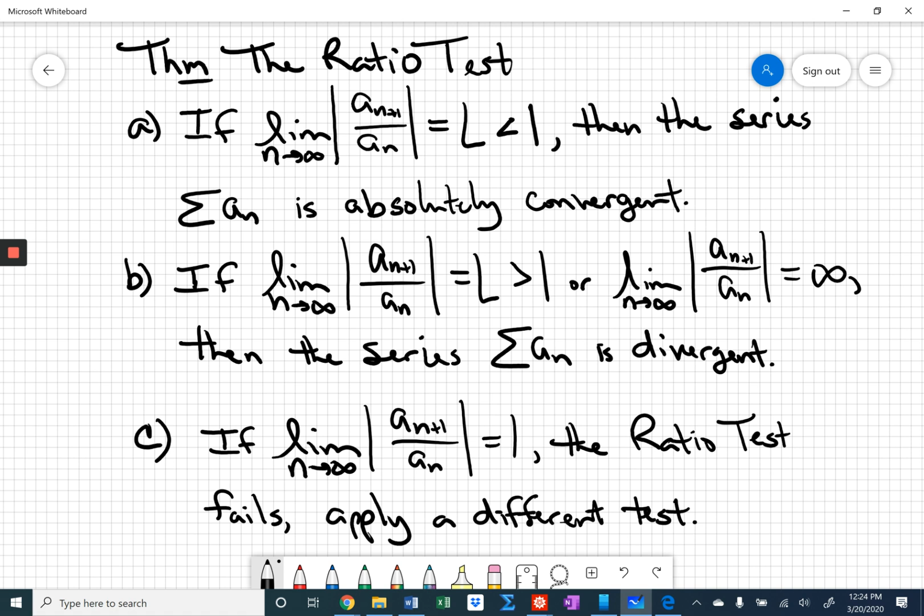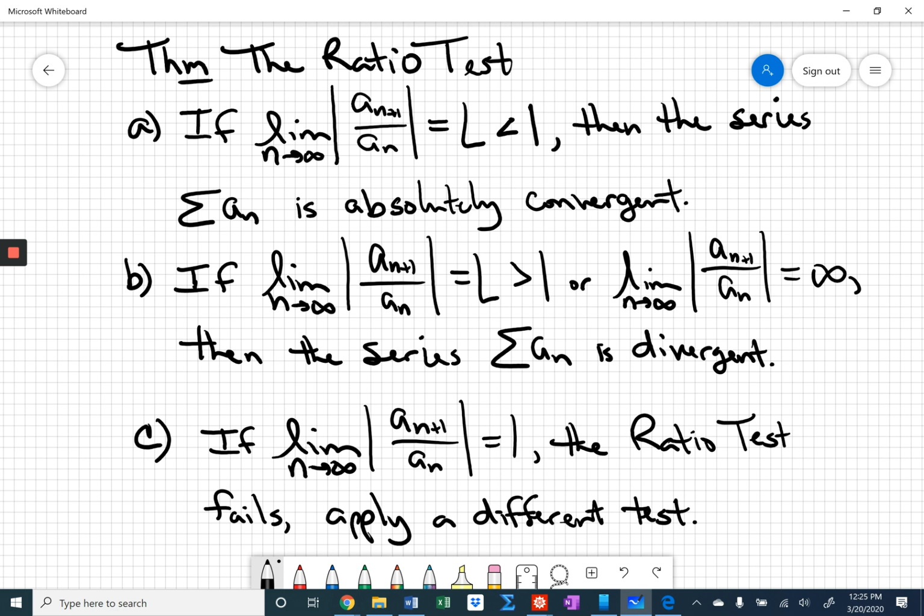One thing I do want to relate to you, for some understanding, is a geometric series. If you look at this relationship here, it should conjure up a little bit of what was happening when we were taking a look at a geometric series. If you think about a geometric series, we know a geometric series converges if the common ratio has a magnitude less than 1.